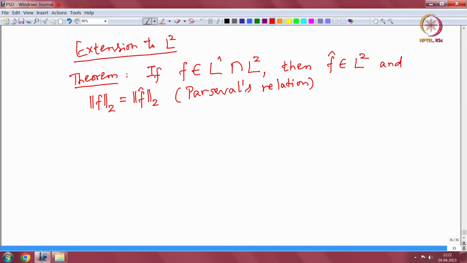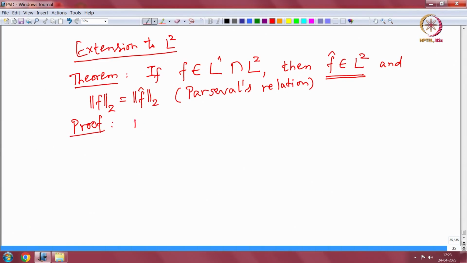Since all the preparation is done, again we are going to use propositions 1, 2, 3 here, just in order to see this. I will take a few minutes and complete the proof.